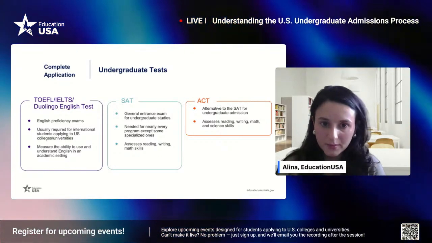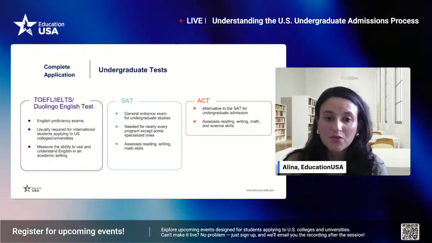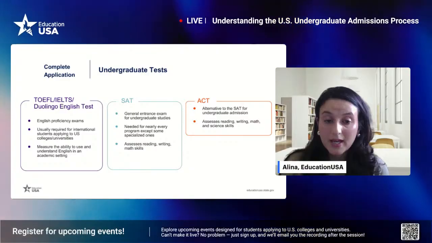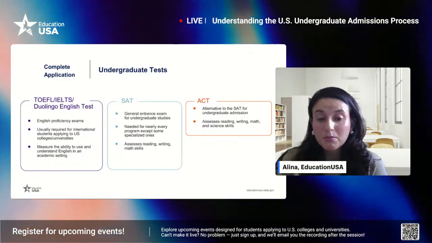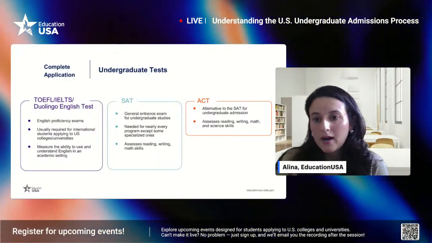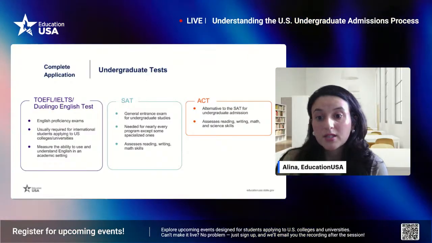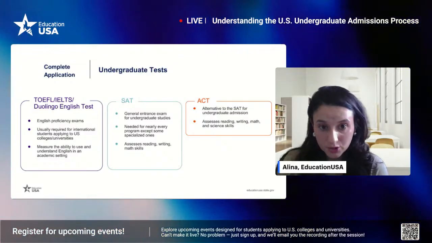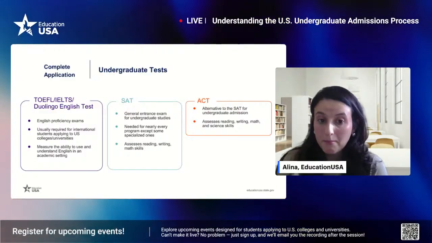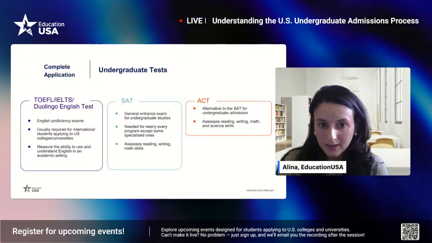There are more that you can get, but you need to check with the university itself if they are accept them. But the main ones are TOEFL, IELTS, and Duolingo. Those are English proficiency exams. They are usually required for international students applying to US colleges and universities, and they measure the ability to use and understand English in an academic setting.